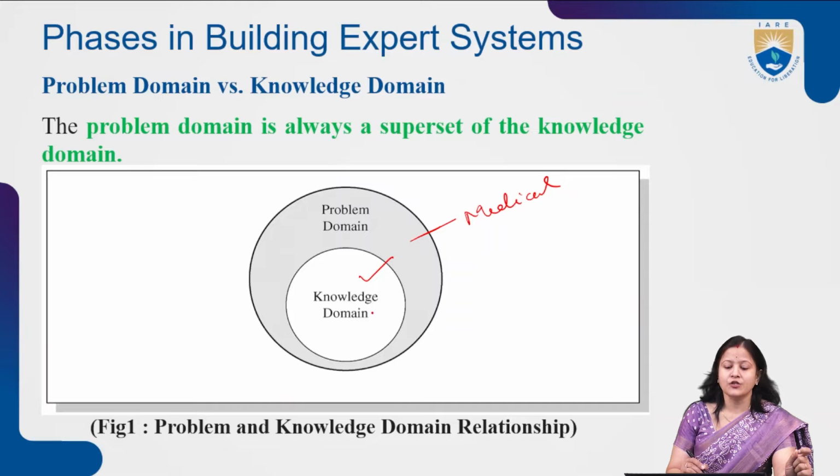We need the knowledge: the different types of diseases, and for each disease, what medicine can be prescribed. All this knowledge can be stored in the form of rules, facts, or relationships. So the problem domain is the superset of the knowledge domain.